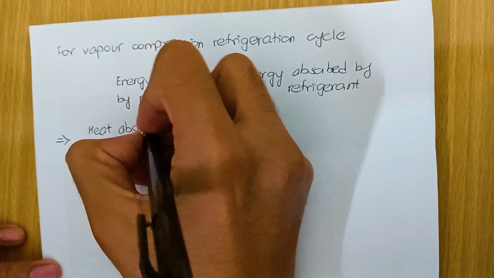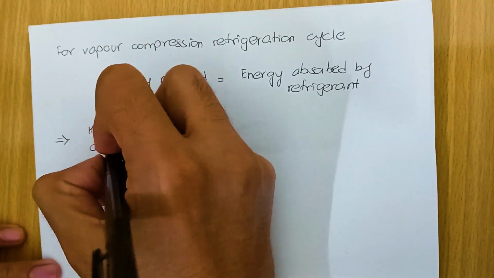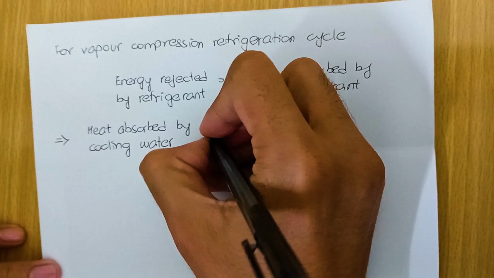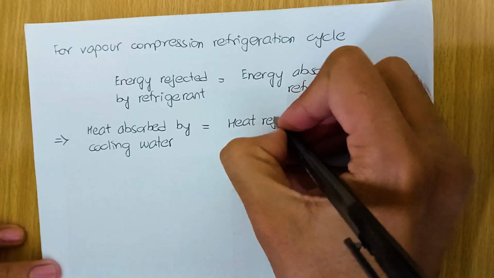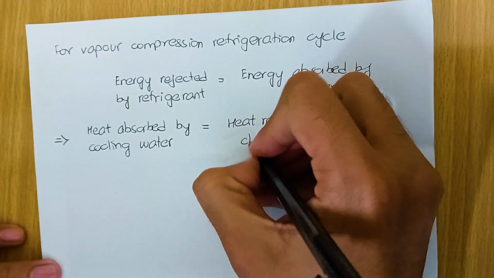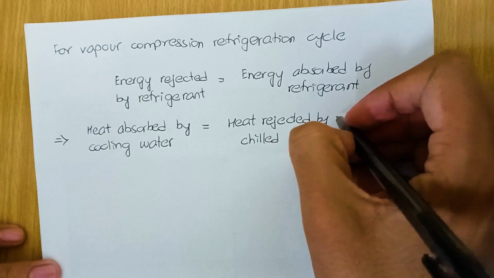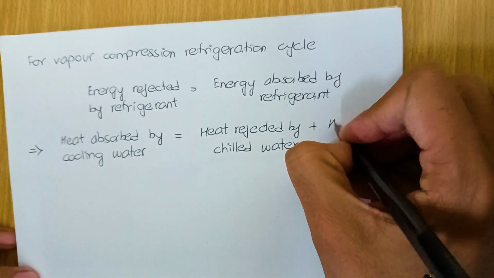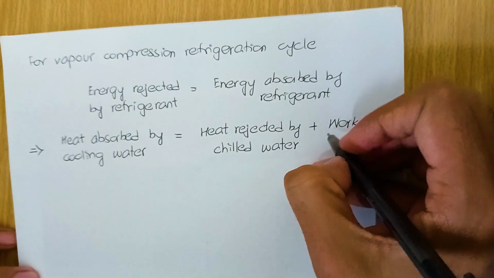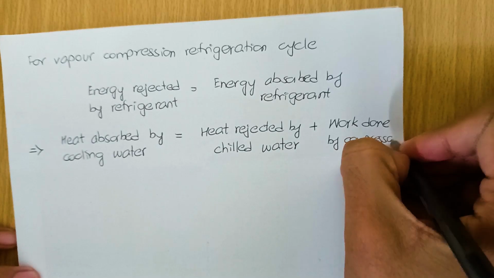So we can convert the above equation for energy conservation as heat absorbed by cooling water in a condenser equal to heat rejected by chilled water in the evaporator plus work done by the compressor.